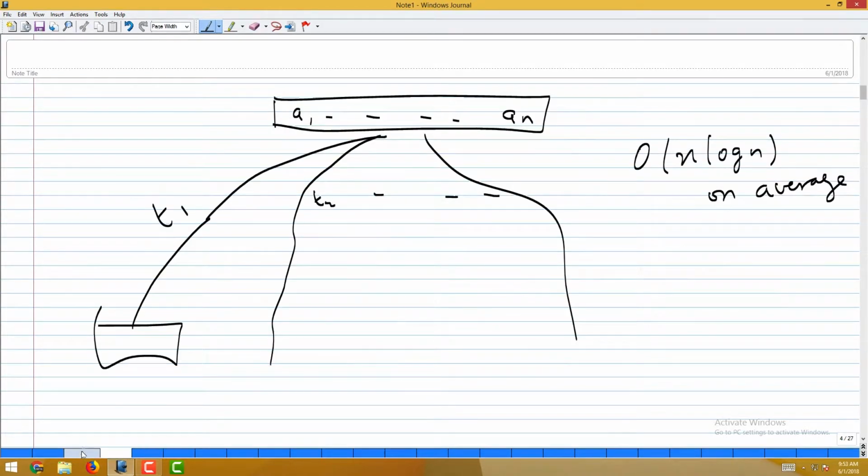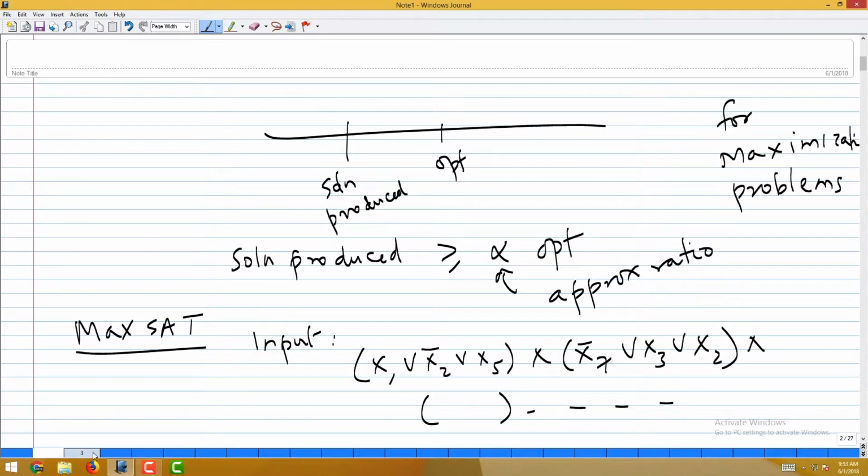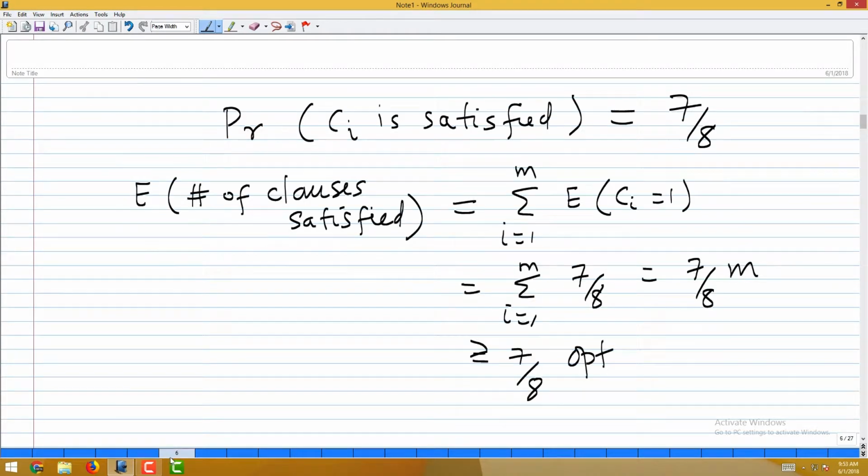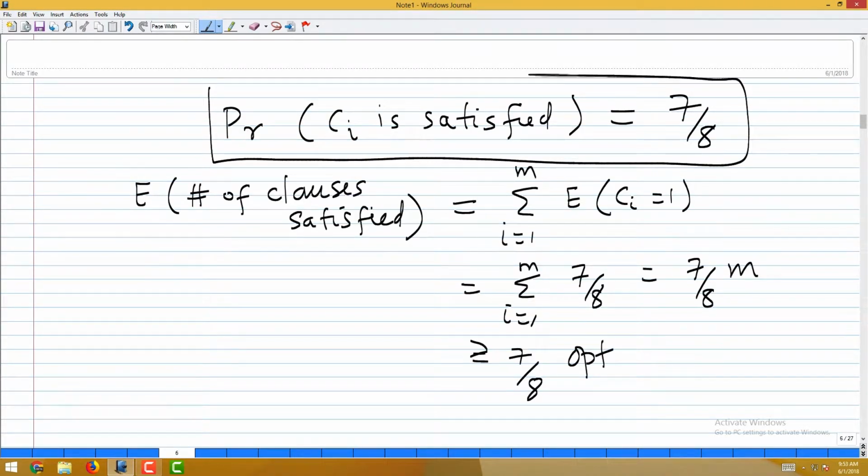So, what did we do there? You want to maximize the number of clauses satisfied, so I go to a clause and ask what is the probability that it is satisfied. What is it you want to maximize here? The number of edges crossing the cut.